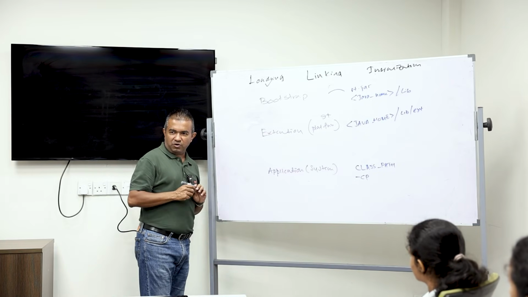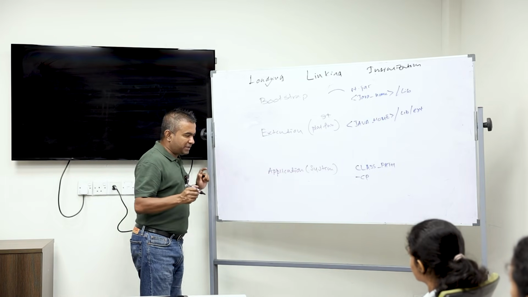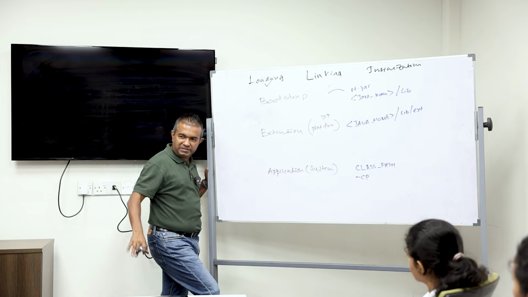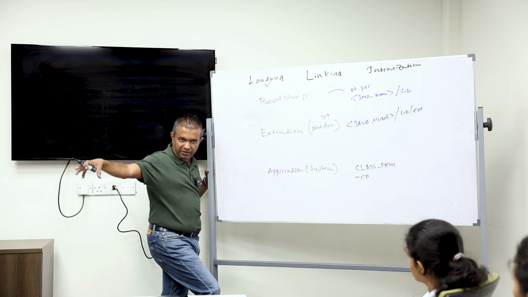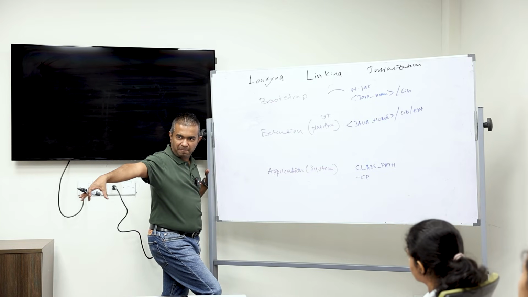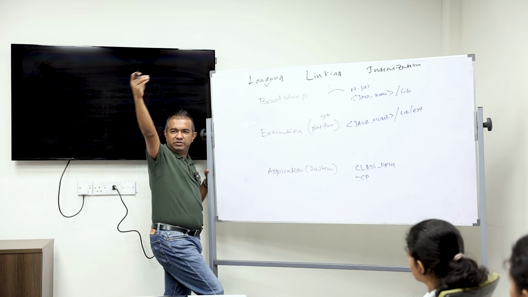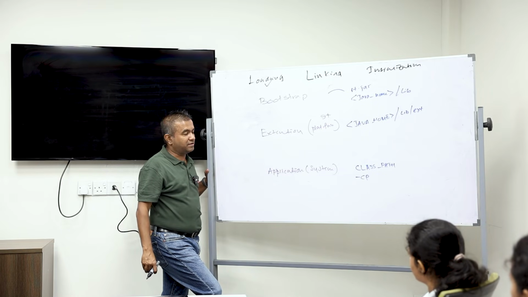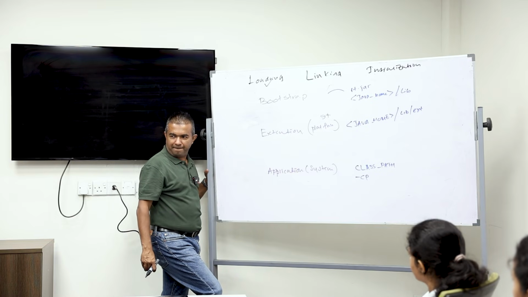What the delegation model means, when a particular class is needed, right, what the class loader does is, take the class from your hard drive or a storage, right, and load into the, where? Which area? Method area. Okay.